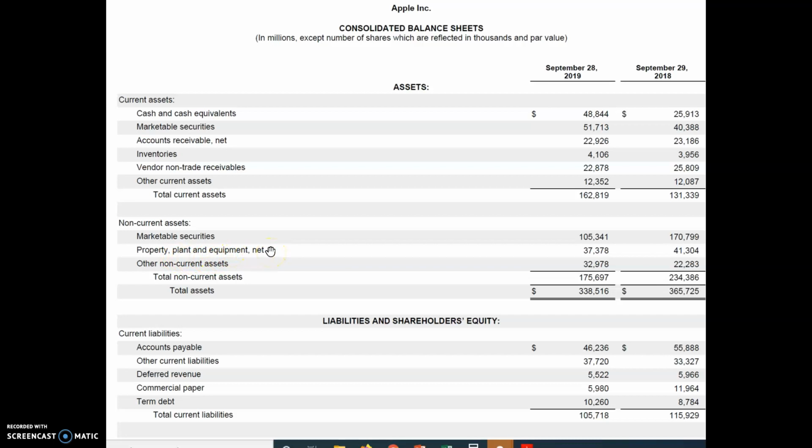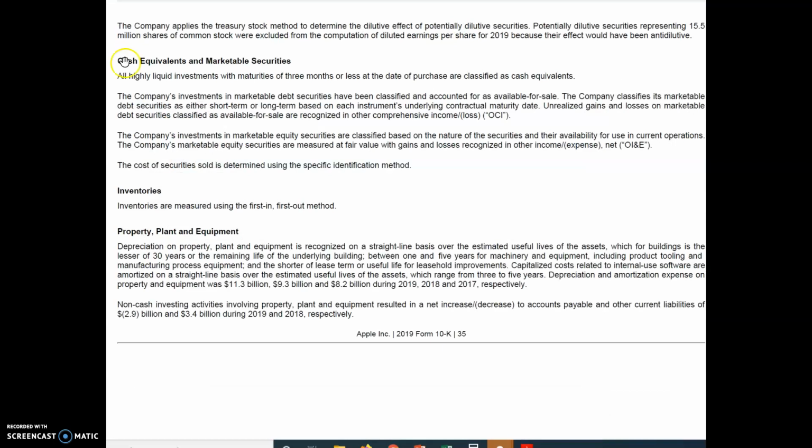So here we would go to the notes of the financial statements, and they would show the cost of the property, plant, and equipment and the accumulated depreciation. So here I have gone to the notes of the financial statement, and here they talk about how they're treating their depreciation, how they're calculating the depreciation, and then they tell you the depreciation amortization expense that they've calculated during the last 3 years.